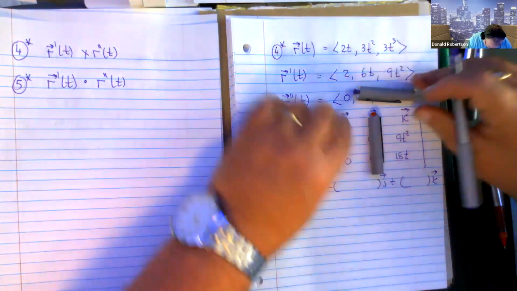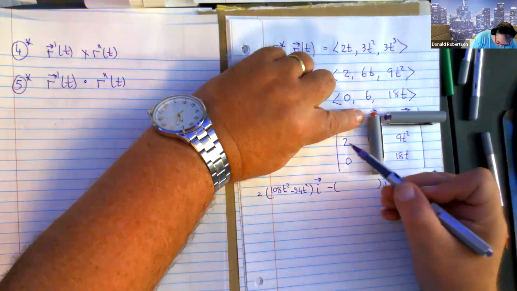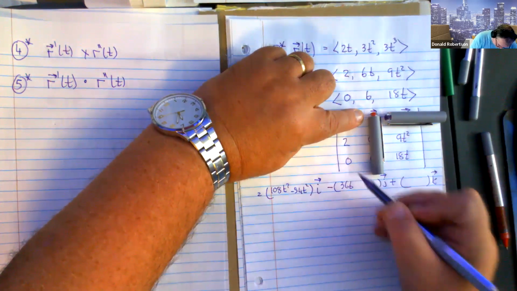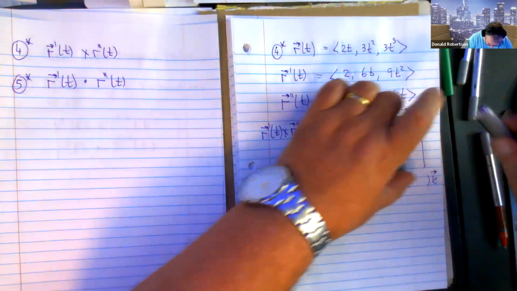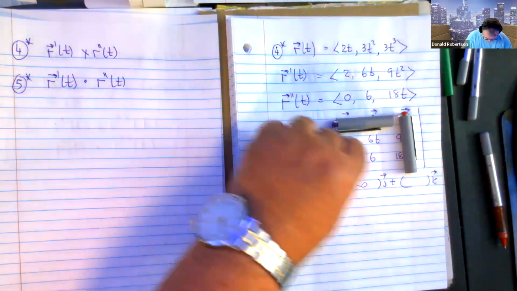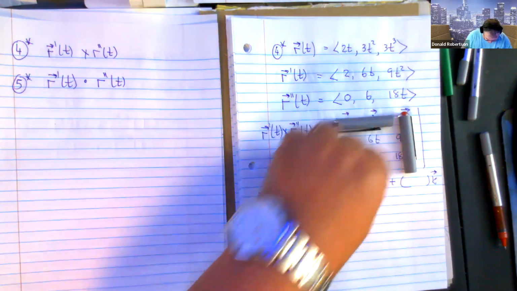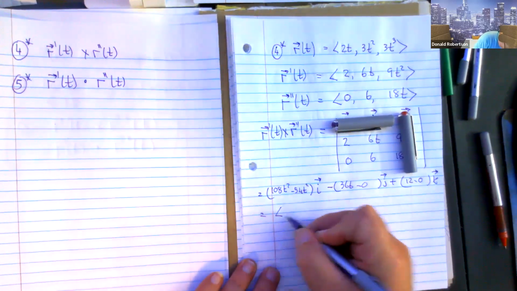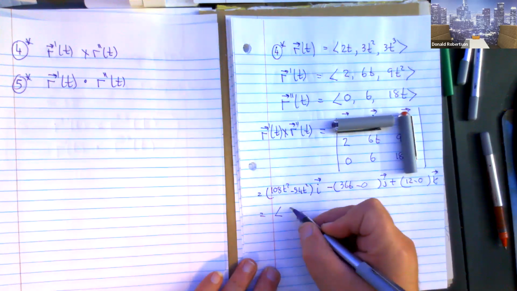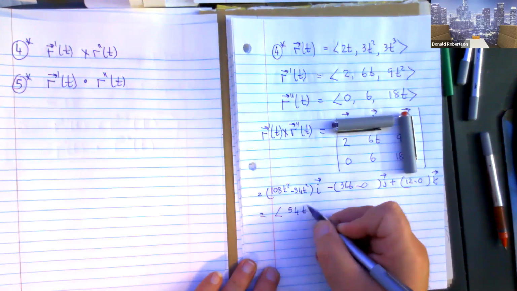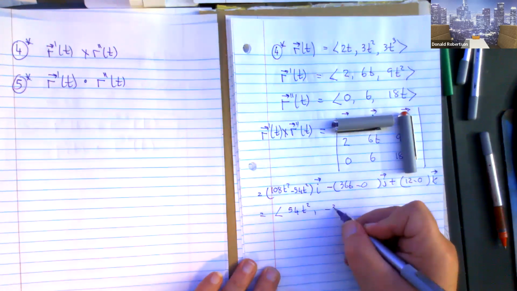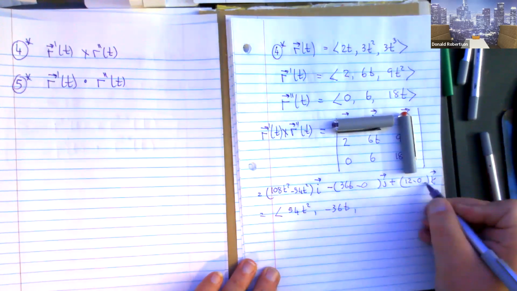Now you want the middle one? Major diagonal, 36t, take away nothing. You want the one at the end? 12, major diagonal, take away nothing. So your answer will be 54t squared for that one, take away 36t, and 12.